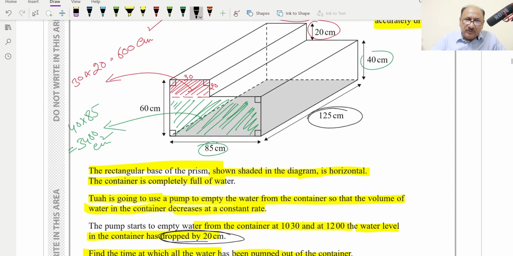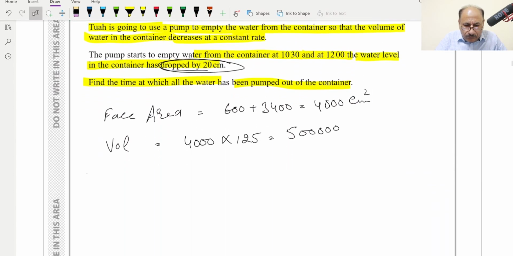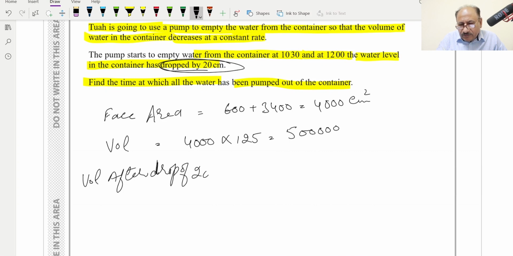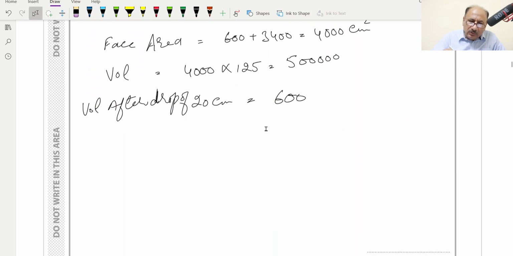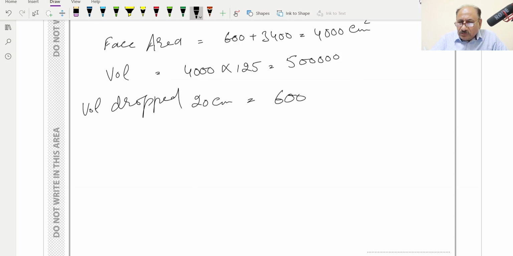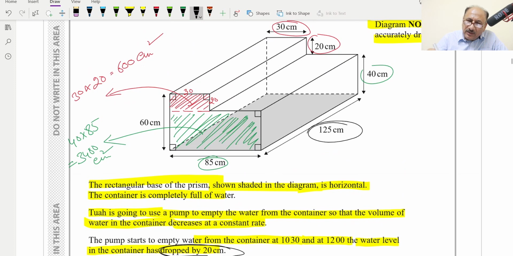So it means the volume dropped will be 600 into 125. 600 is the area for this red shaded area, multiplied by this length, and the length is 125.